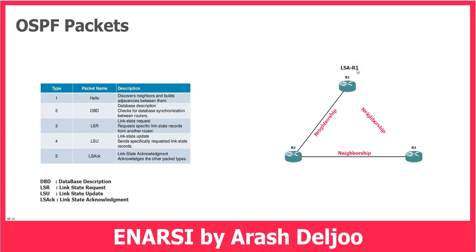We are trying to send this link state of R1 without any change to router 2 and to router 3. How can we send it? Look here, in the link state database of R1, now we have one link state, and that is the link state of R1.